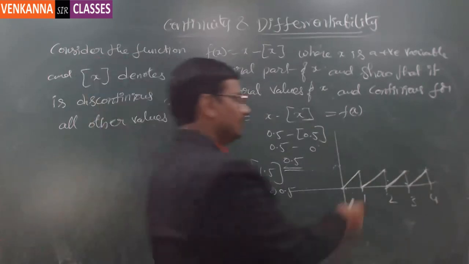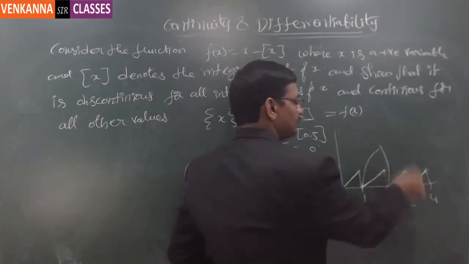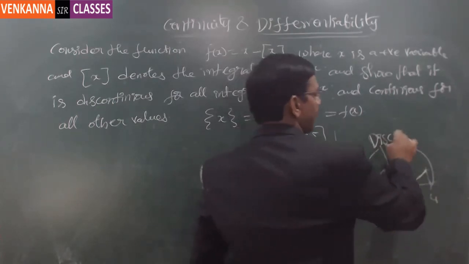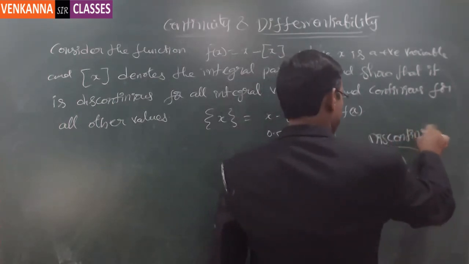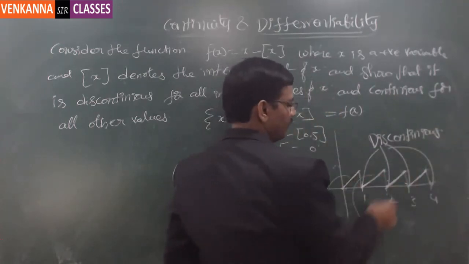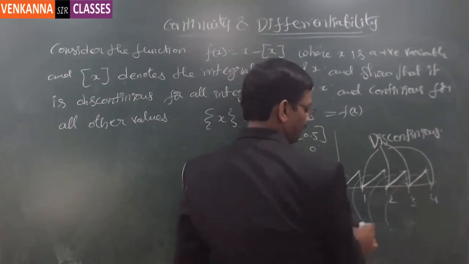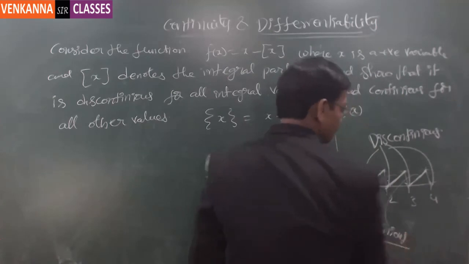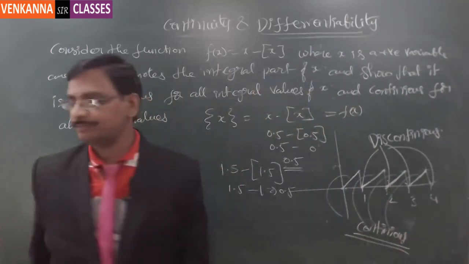That means this is discontinuous at this point, this point, this point and all these points. So this is discontinuous. At the rest of the places it is continuous. And this is what he asked us to prove mathematically.